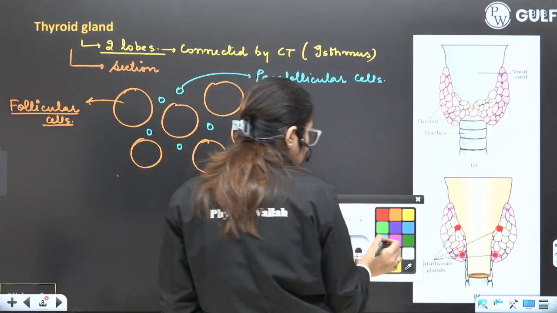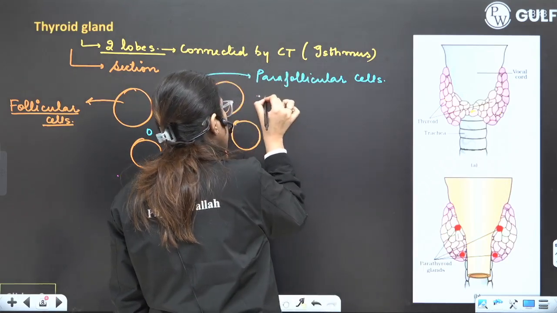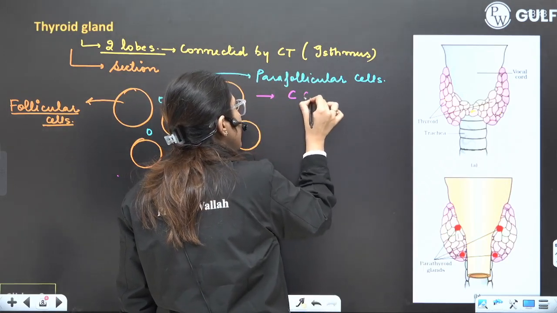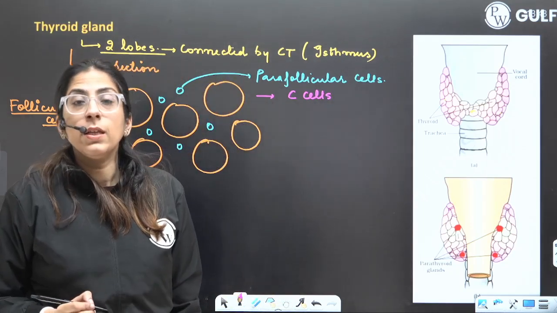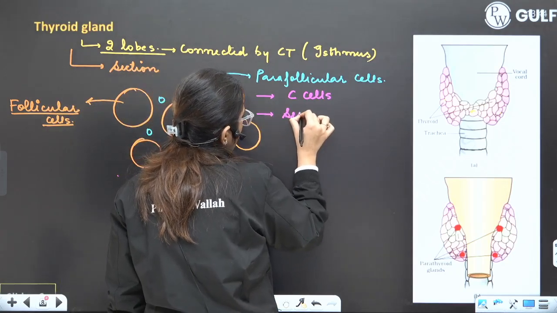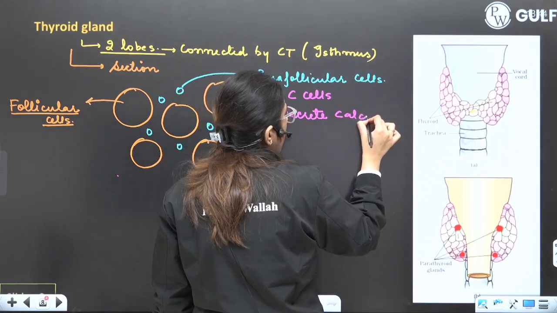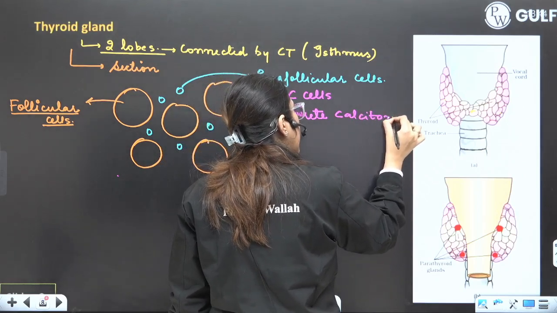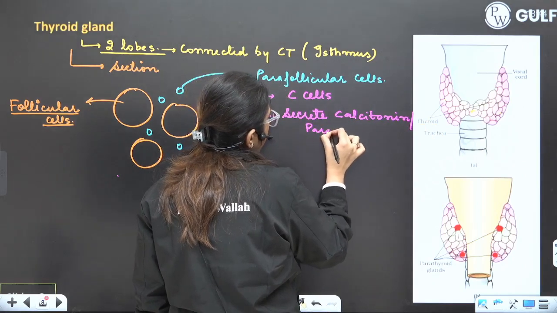Now let's talk about the parafollicular cells first. Parafollicular cells are also termed C cells. These C cells secrete calcitonin. In some books, you will find the name as paracalcitonin.